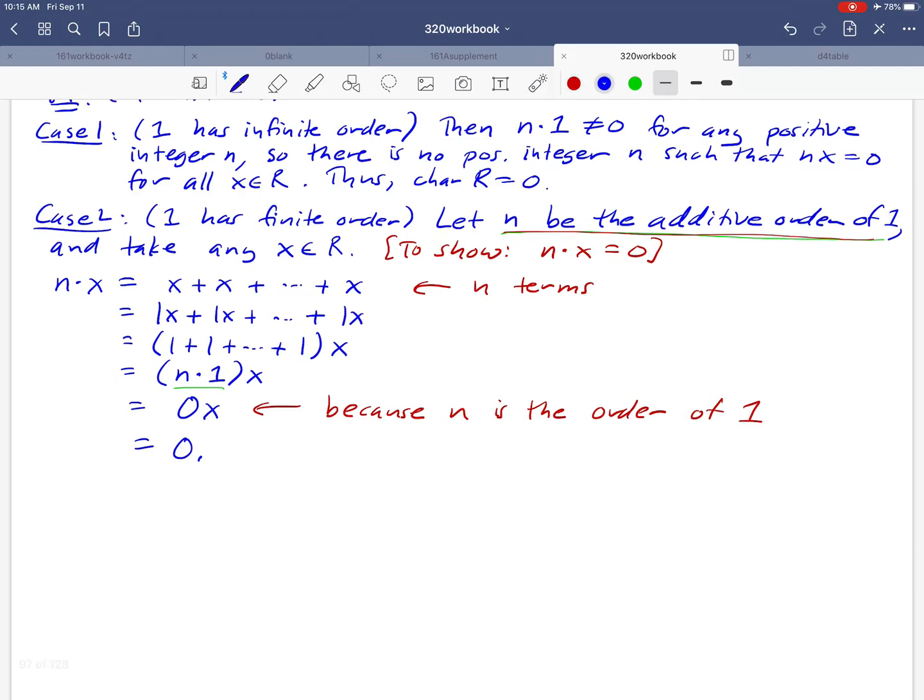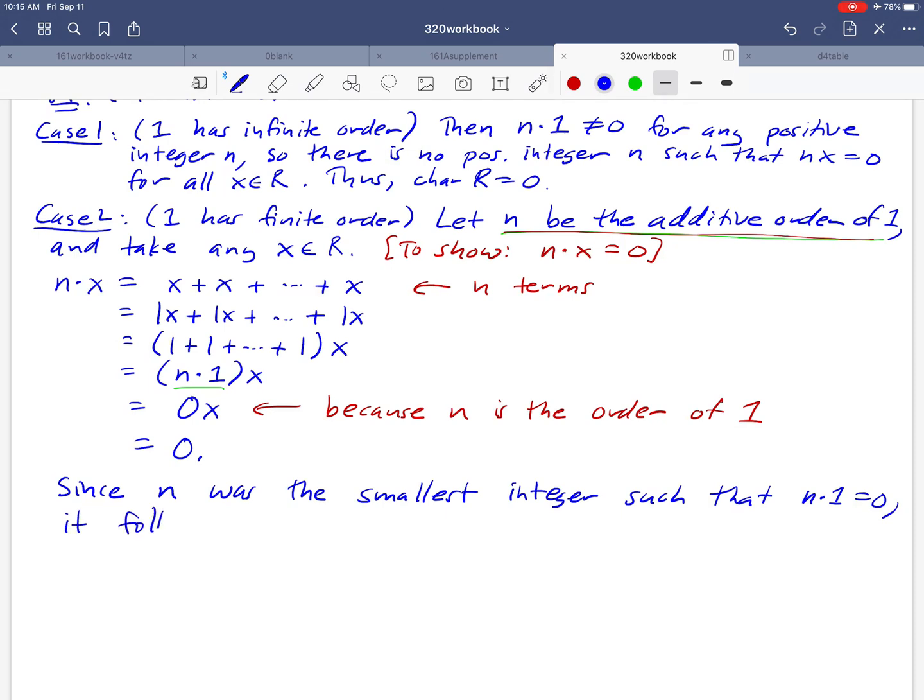All right, so let's add that last sentence, and then we have ourselves a proof. Since n was the smallest integer, it follows that the characteristic of R has to equal n.